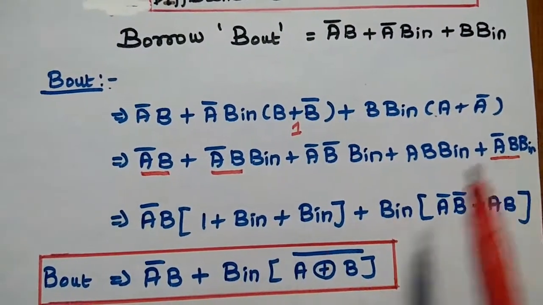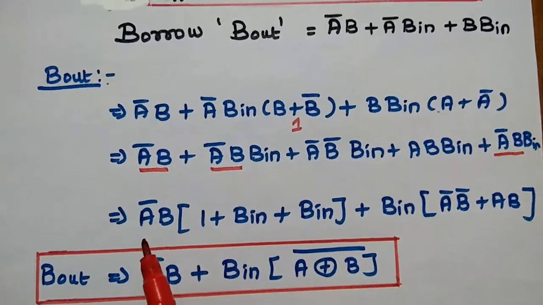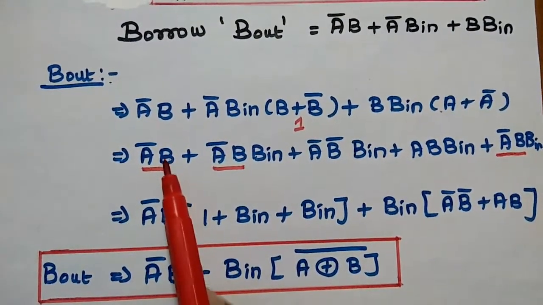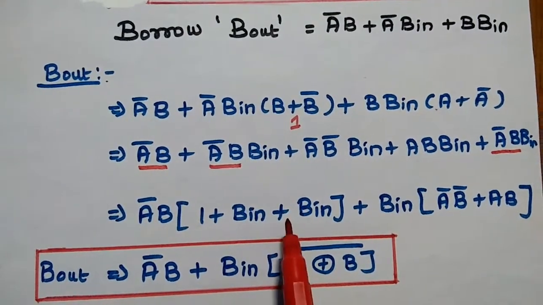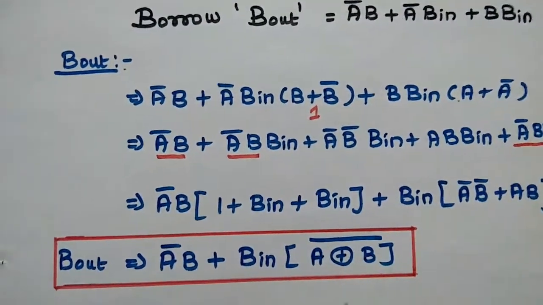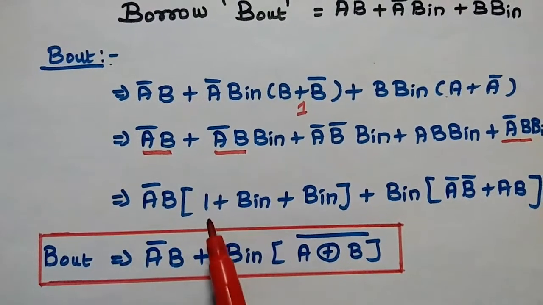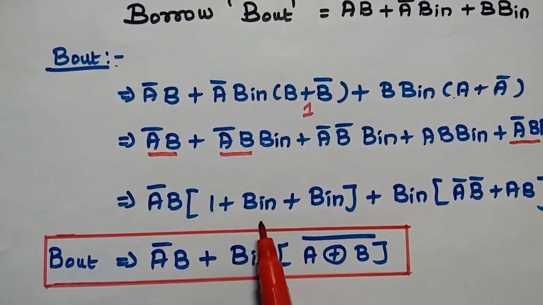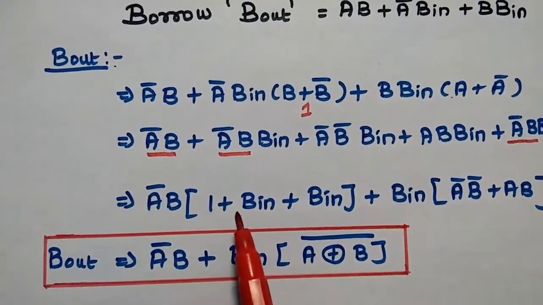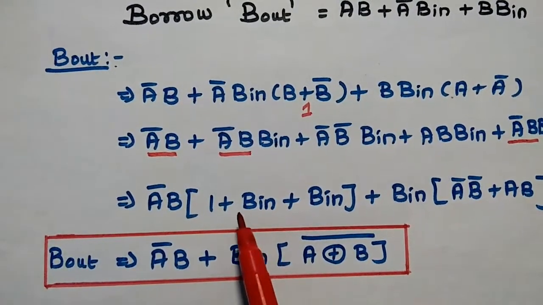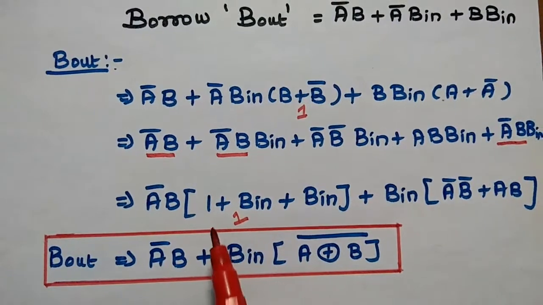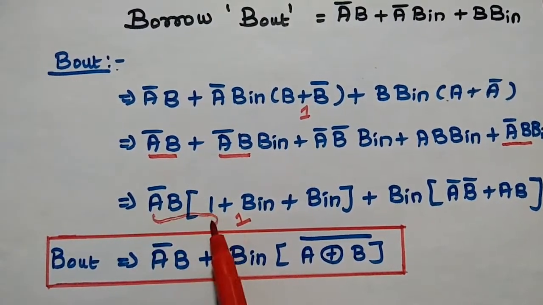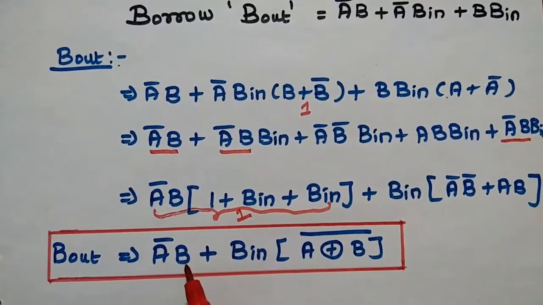So we can take it outside as a common one. So A bar B into this becomes 1 plus B plus B. Okay, so now 1 plus any bit: if 1 is added with any bit, then the answer is always 1. So now we can obtain this expression as A bar B.